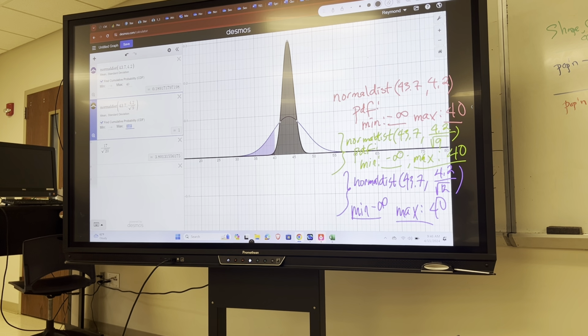This is 40 again. And I'm going to do the same in here for the sample size, 12. Control C, put it in here. Sample size 12. Still click on the cumulative distribution and put in 40 as well.